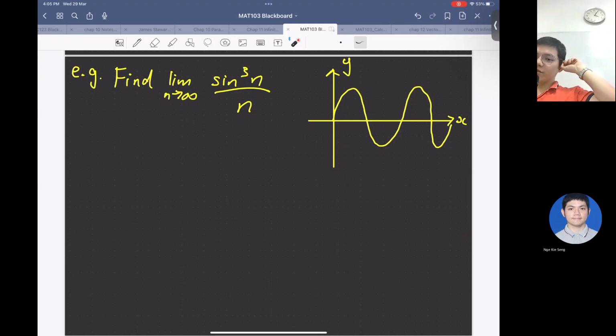Okay. Since we want to use squeeze theorem here, I really need to show you the picture first so that you will know why we want to use squeeze theorem, but maybe I will show you next time. But how to use squeeze theorem? Do you have any idea what we can use to bound this function here?